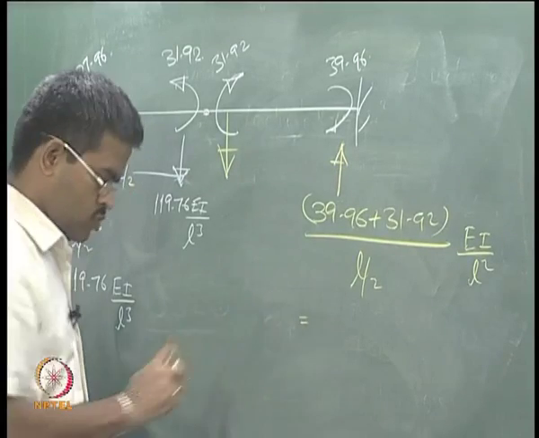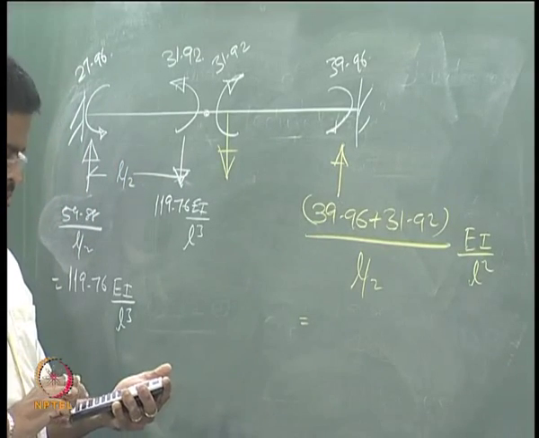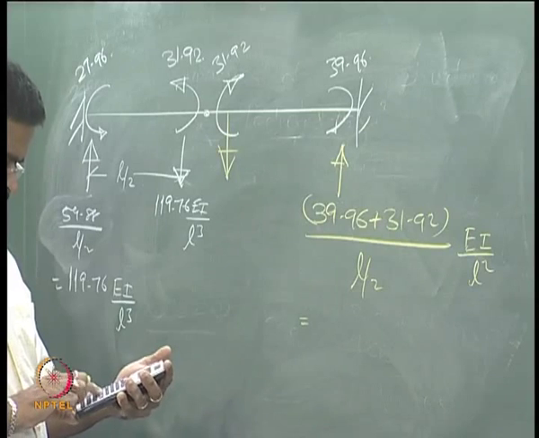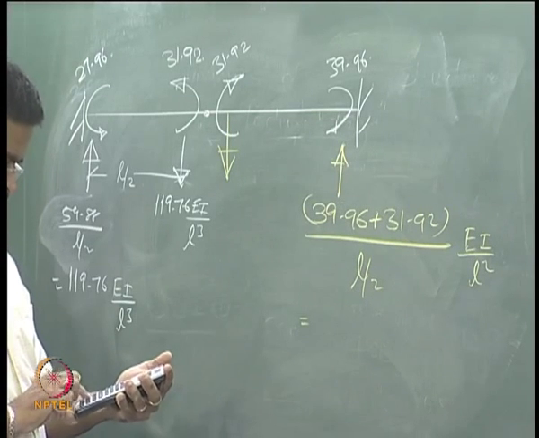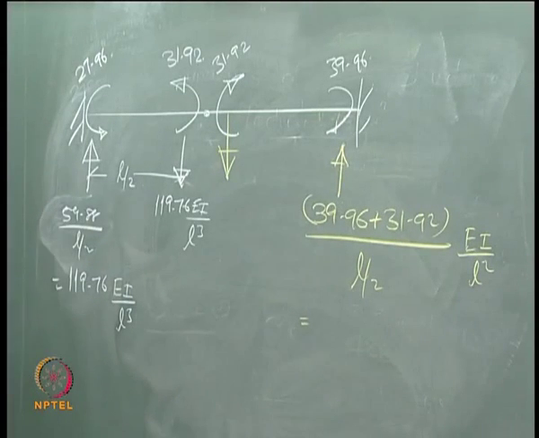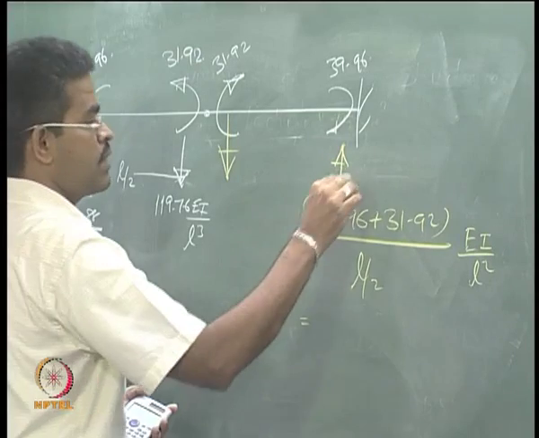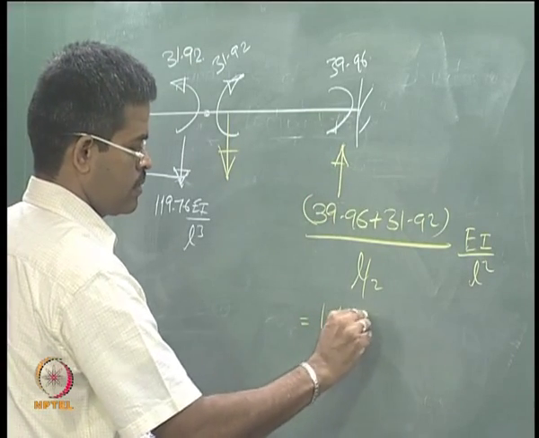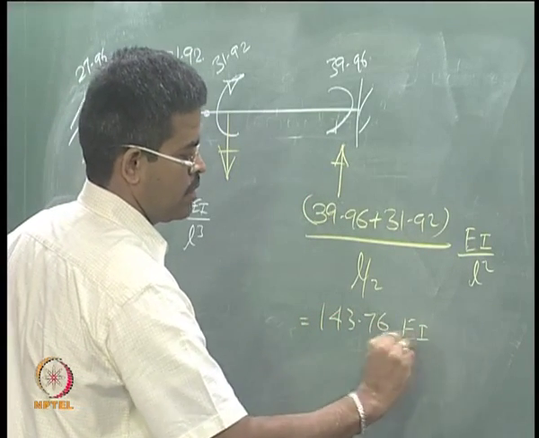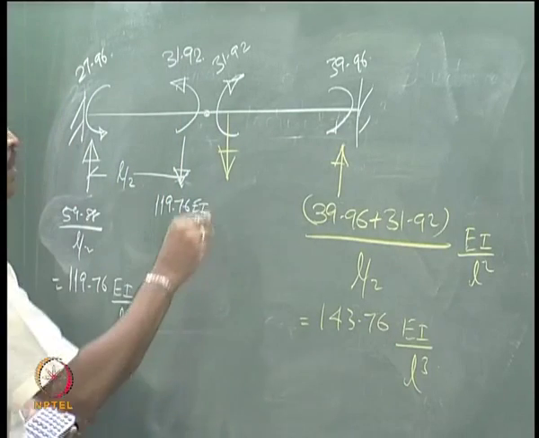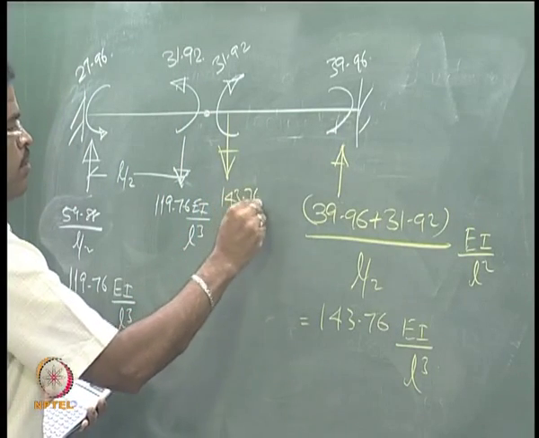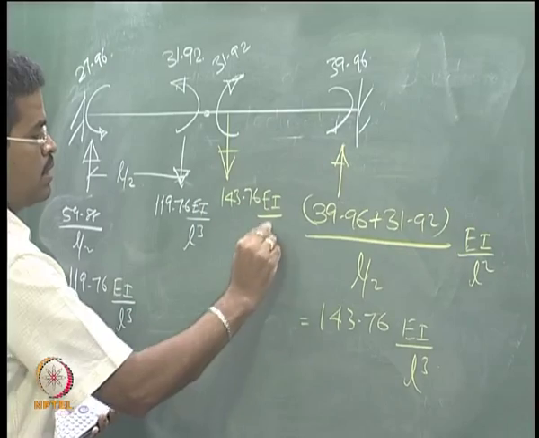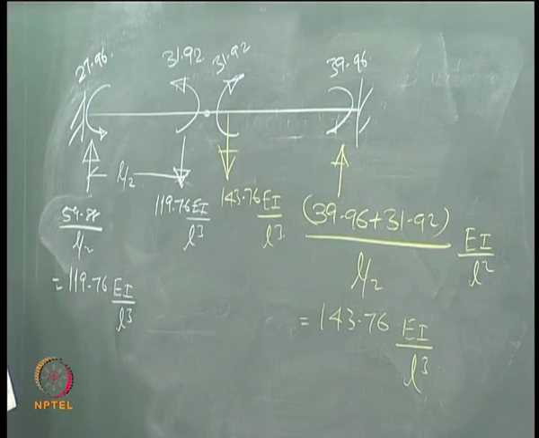So which amounts to 143.76 EI by L cube. It is a classical mechanics.